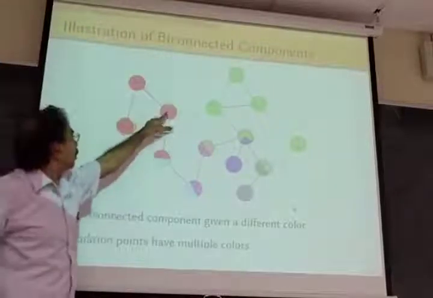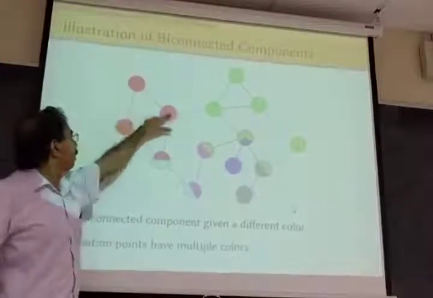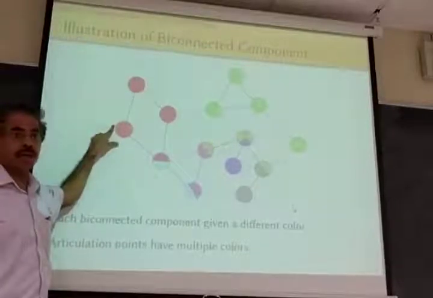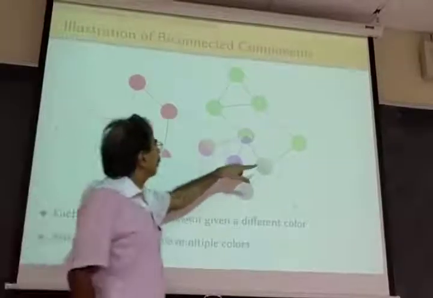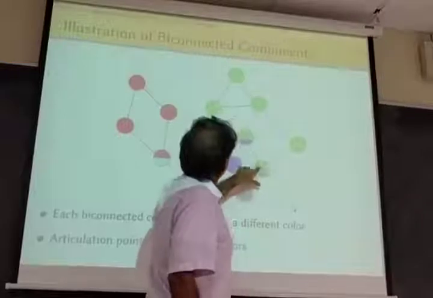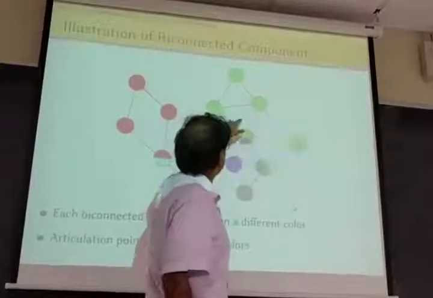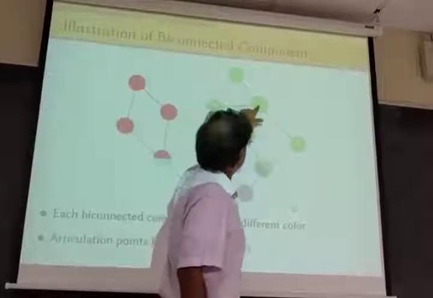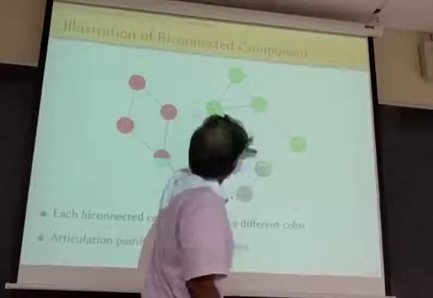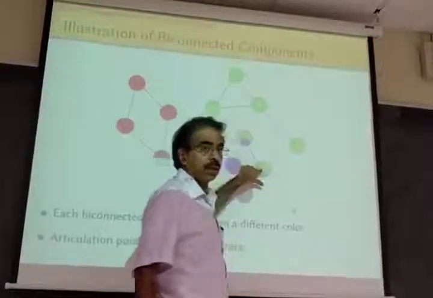So for instance, if you want to go from here to here, you can go that way or you can go this way, right? So similarly in here you have 6 nodes in a bi-connected component, and if you want to go from here to here, you have that path or you have this path.